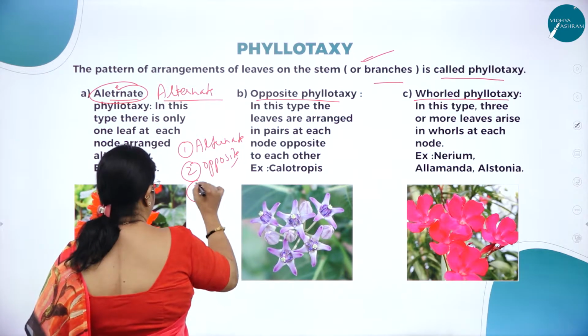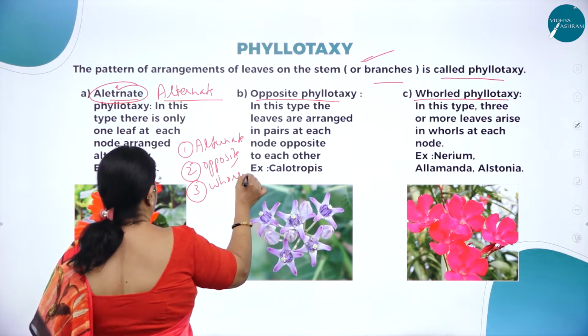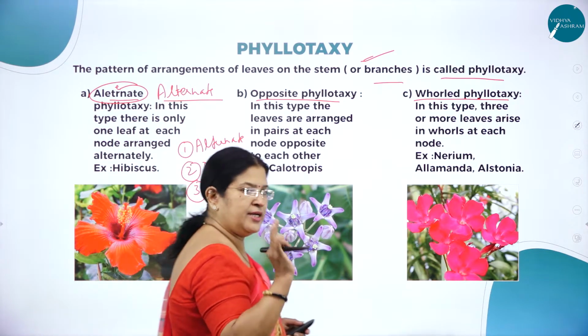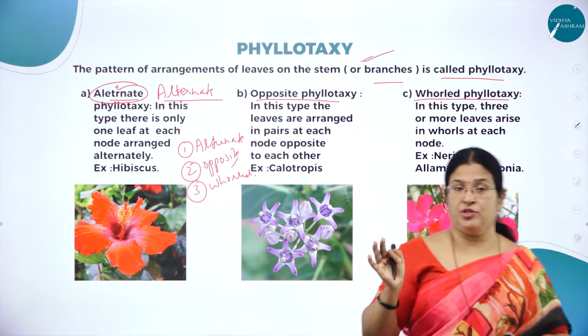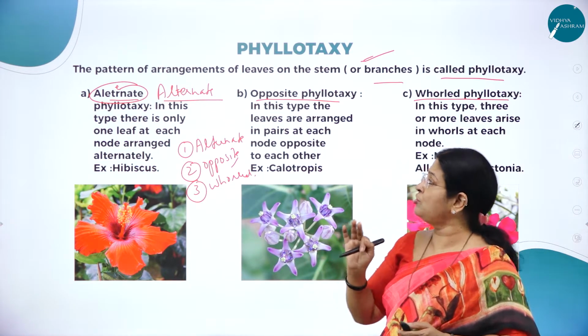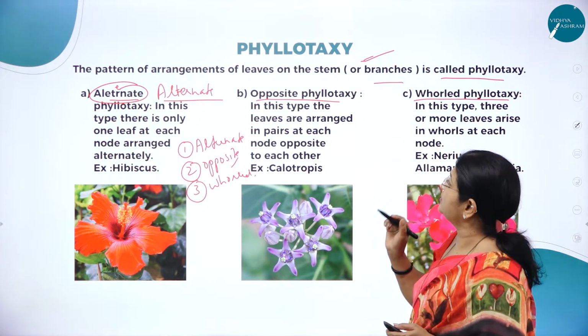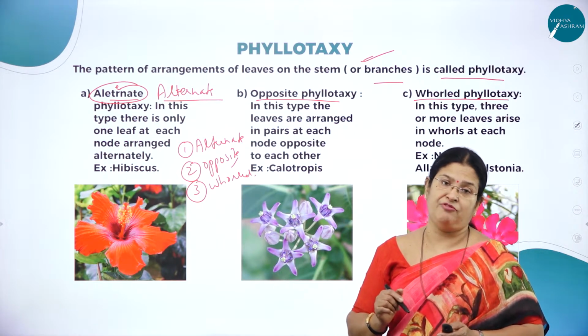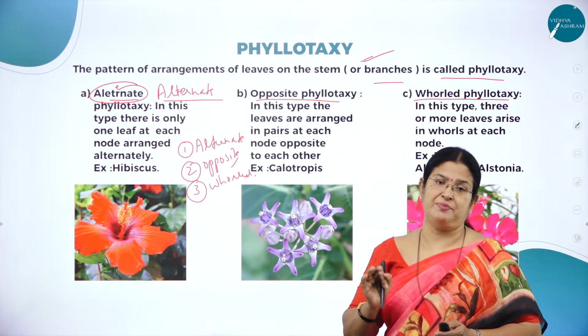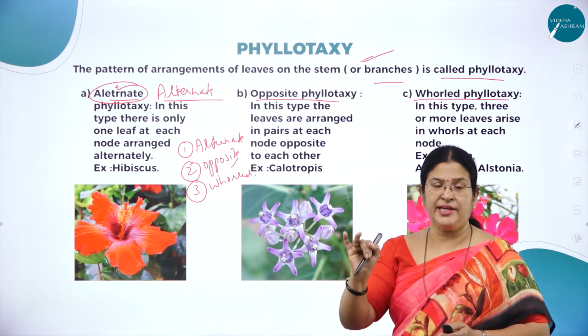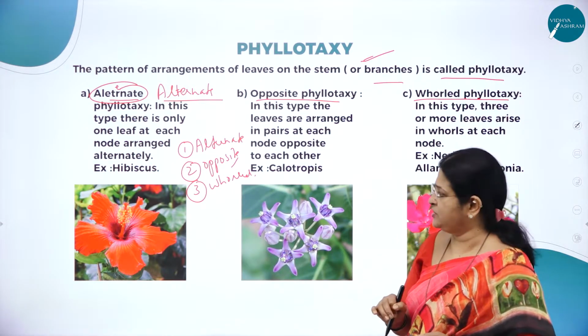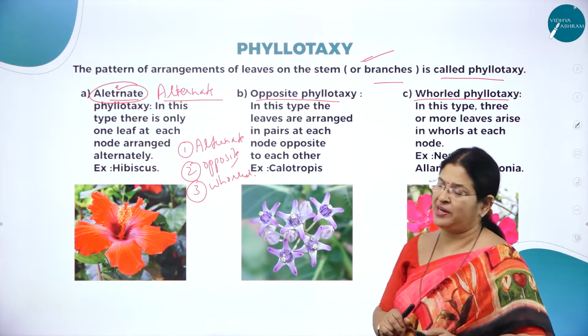And third one is oral Philotaxy. So Philotaxy is the mode of arrangement of leaves on the stem or branches, which is of 3 types: alternate, opposite and oral Philotaxy. Let us move on one by one.